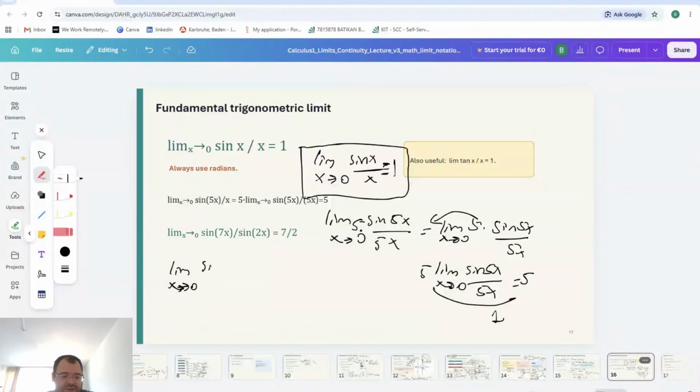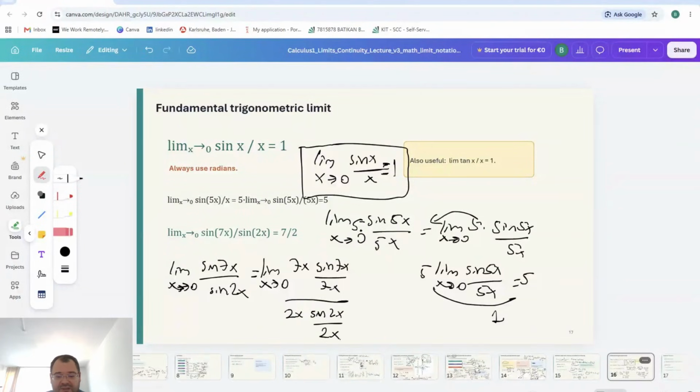as x goes to 0 of sine 7x divided by sine 2x. We have those two sine functions, and you need to make it again similar to this one. So we must have the limit as x goes to 0 of sine 7x divided by 7x, and sine 2x divided by 2x.